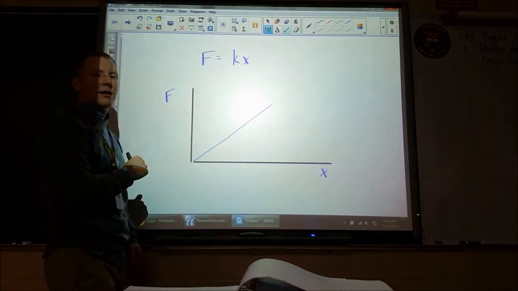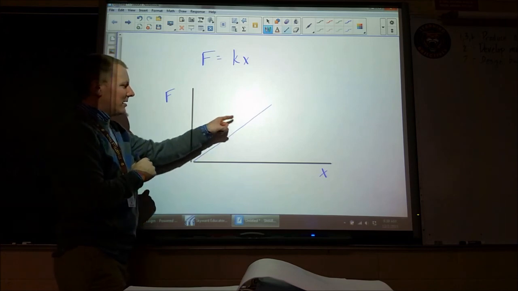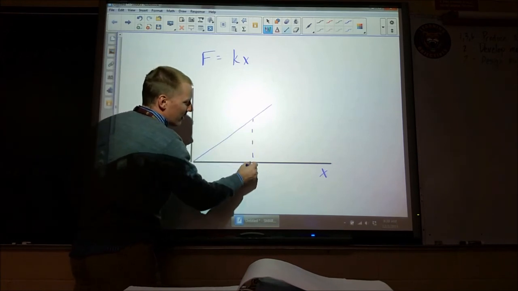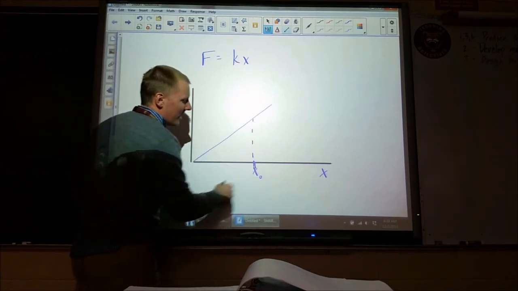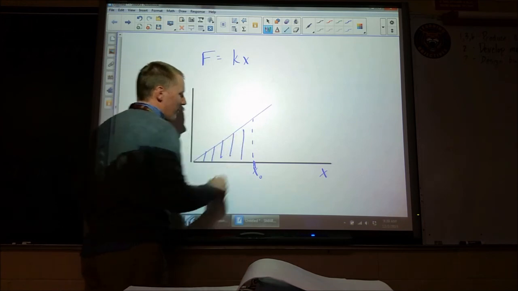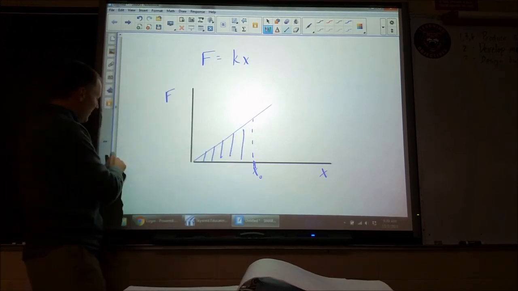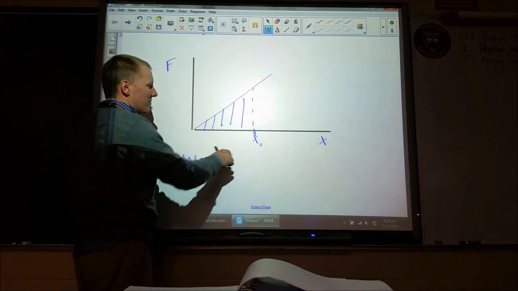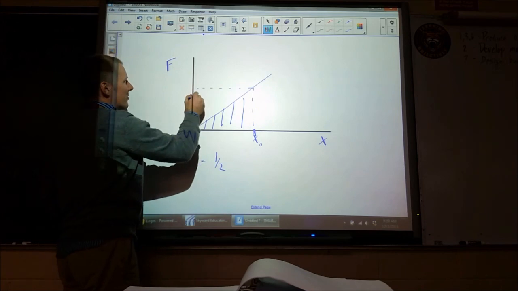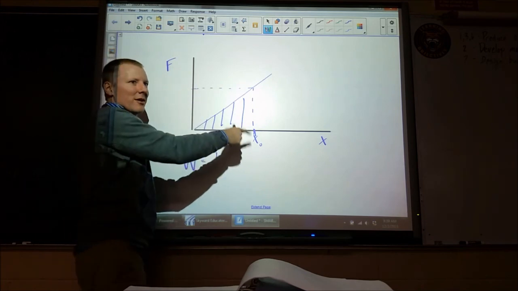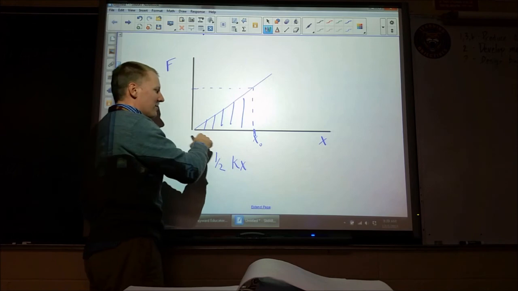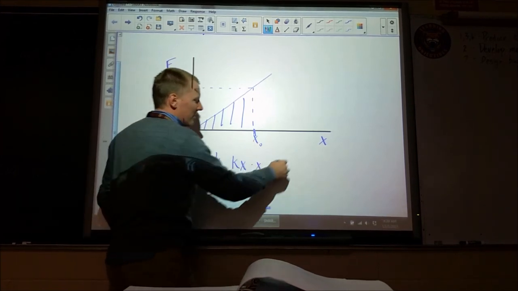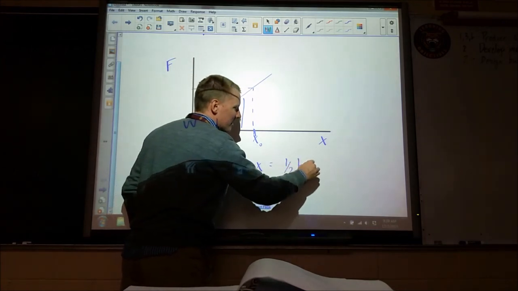It'll have a slope of k and it'll just keep going. So if we want to find how far to go out to some stretch x or x naught, we need to find the area underneath that. What is the area underneath in a triangle? 1/2 times the height, which is whatever this is, k times our x value, times the length of it, x. So if we want to find work of a spring, it's 1/2 kx squared.